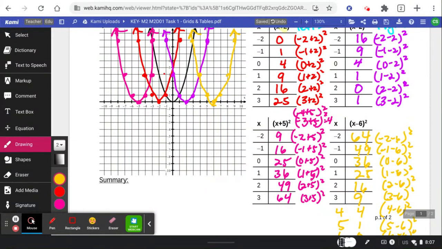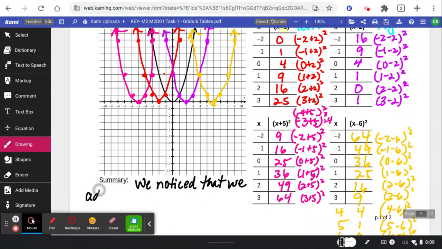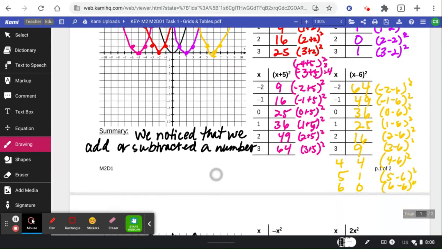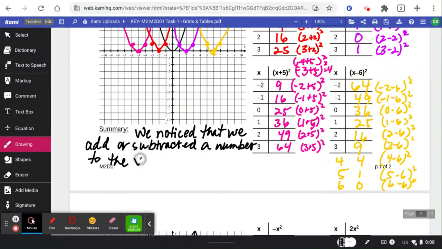So you've got 4 tables. We've got the original parent graph and the 4 shifts. How could I summarize what happened with that one? We noticed that when we added or subtracted a number to the x, in the parentheses, it moved the graph left or right.